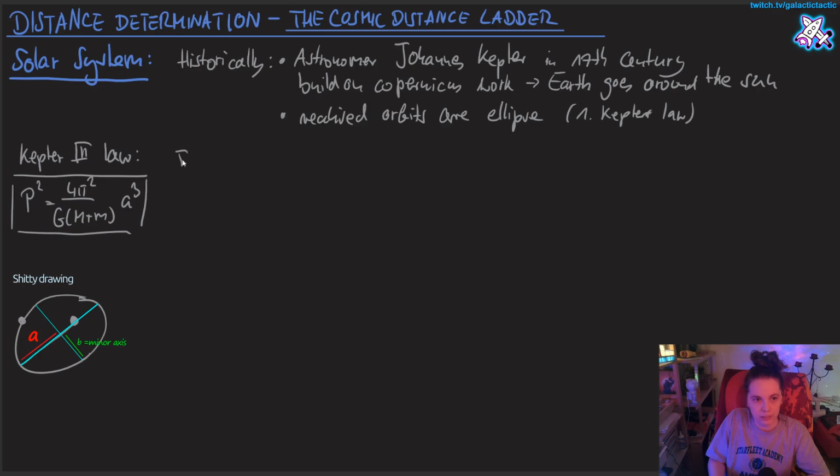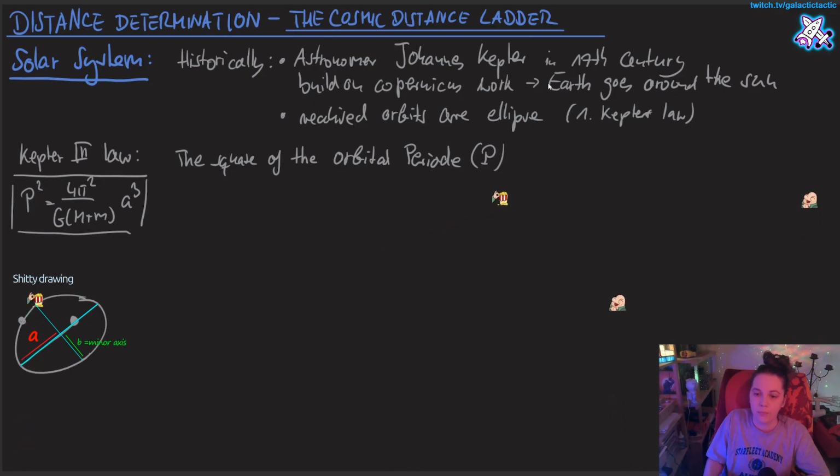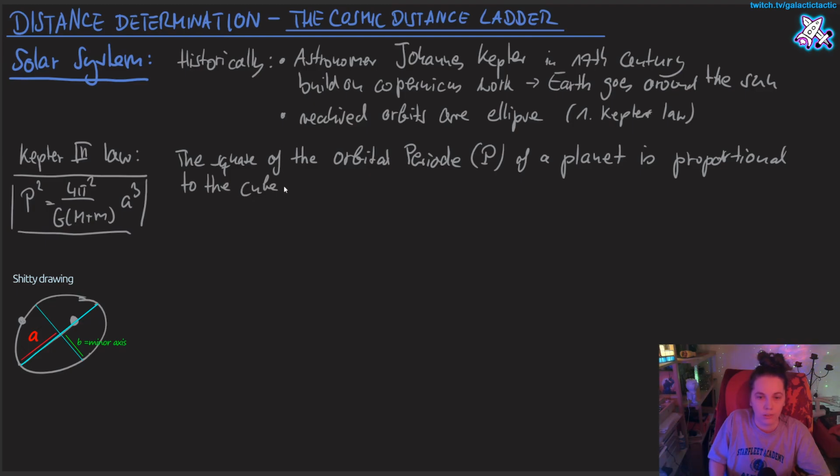So the square of the orbital period, which is P, so this P here is the orbital period of a planet, is proportional to the cube of the semi-major axis of its orbit.